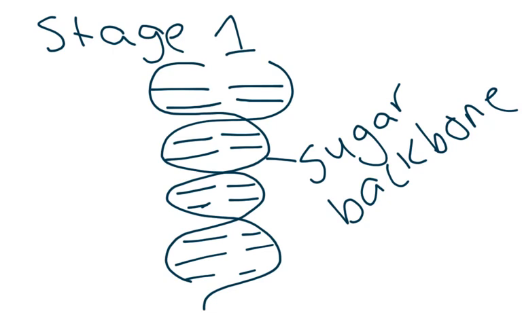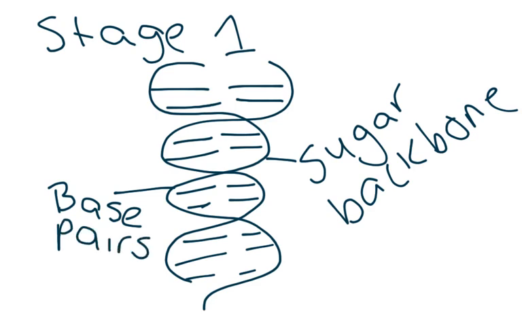These lines that I've drawn here are base pairs. Okay, and we have 4 of these bases, so we have 4 bases. And I'll write the names of those on the next section.